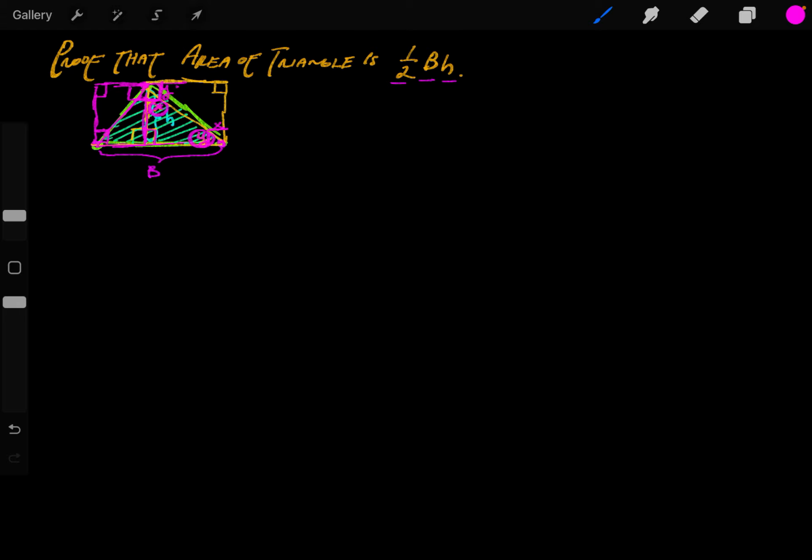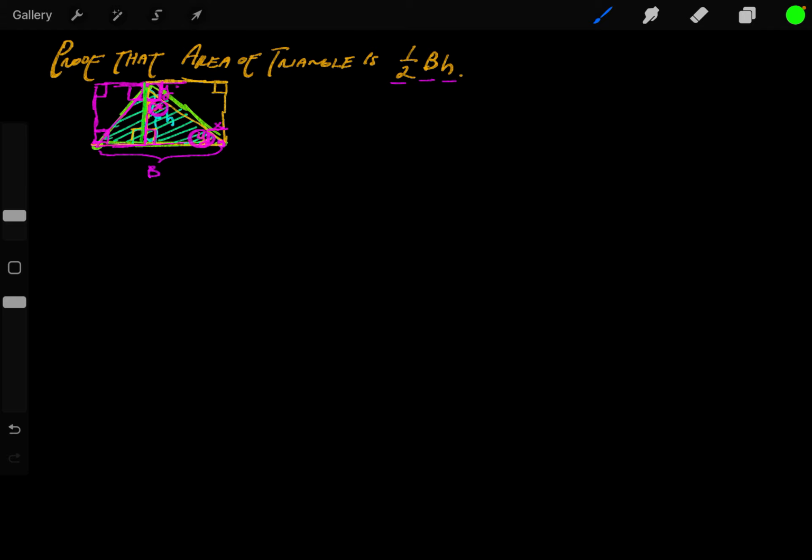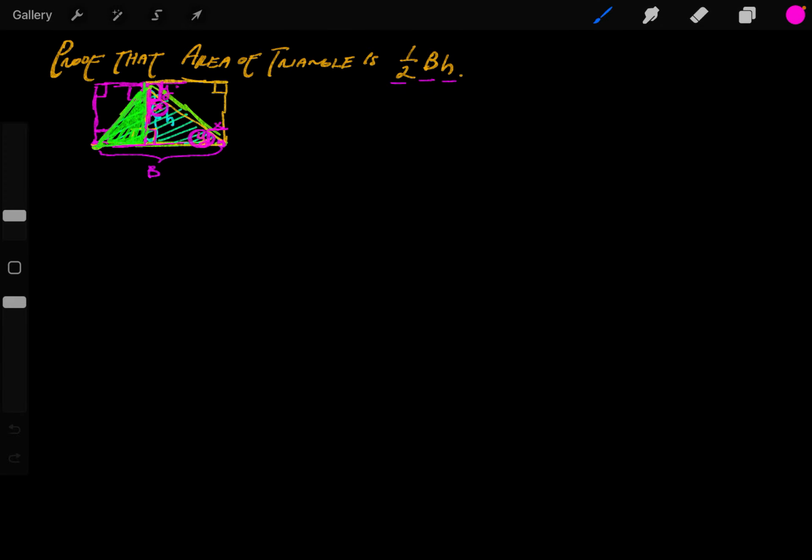If you look at this new figure, we should convince ourselves that the area of this new figure is twice the area of the original triangle. Why is that? Let's just start coloring these figures in different colors. Let's call this the green triangle over here. And I'll call this one over here the pink triangle.